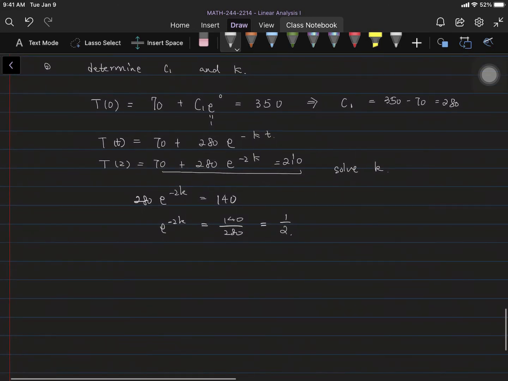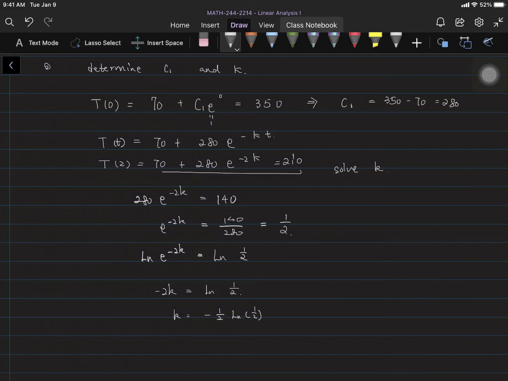Do you know how to solve this in the next step? When we have an exponential function, take the natural log on both sides, right? So when we take the natural log, this becomes negative 2k equals natural log of 1/2, and k equals negative 1/2 natural log of 1/2. In a quiz or midterm, you don't need to simplify.